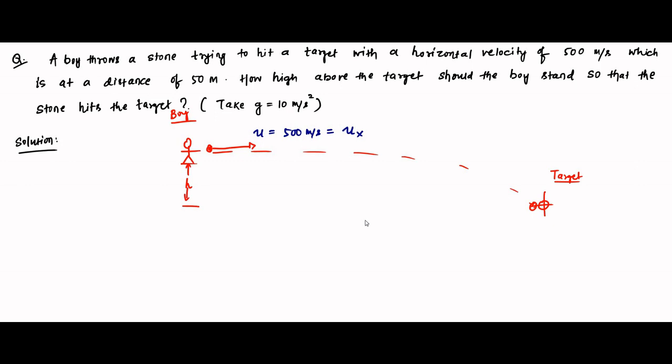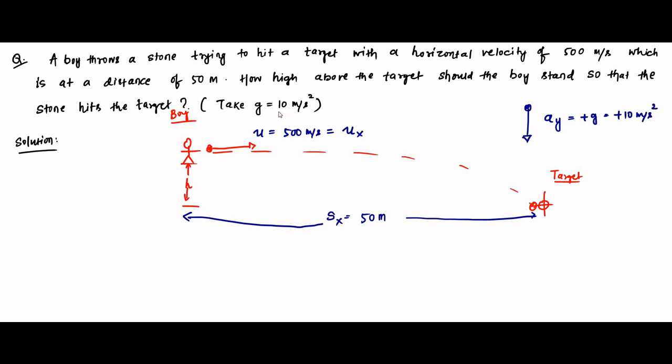So this horizontal distance we can call Sx, equal to 50 meter. Other things, the acceleration due to gravity is acting downwards. So in the vertical direction ay is equal to plus g, which is equal to plus 10 meter per second square, because here specifically it has been given to take acceleration due to gravity 10 meter per second square.